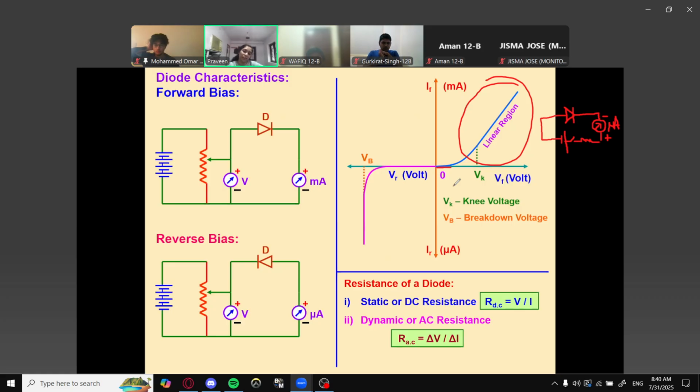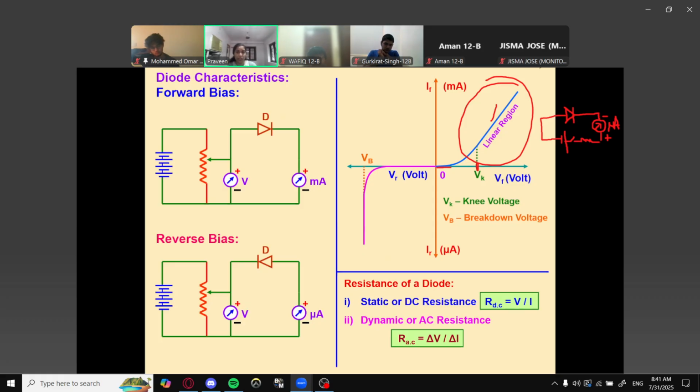Even for an increase in voltage, the increase in current is very small. But as the voltage crosses this point, called the knee voltage or cut-in voltage, you can see a sharp increase in current.